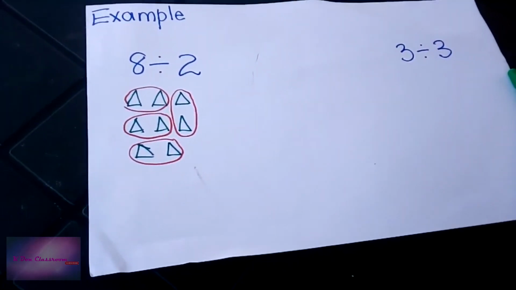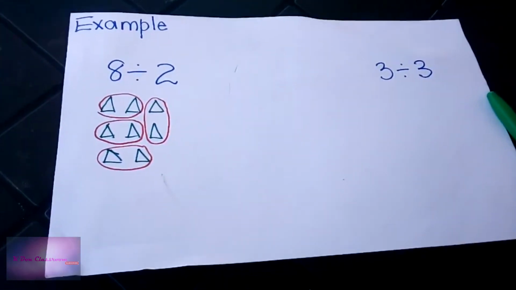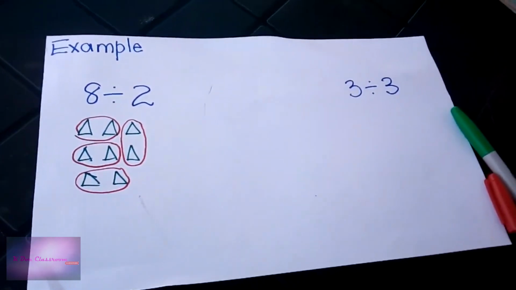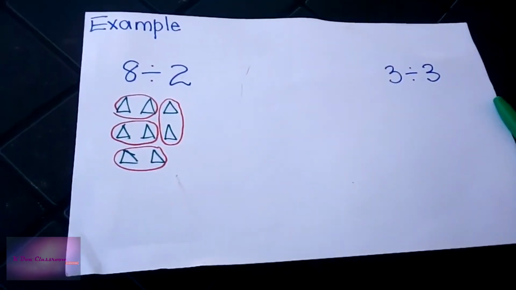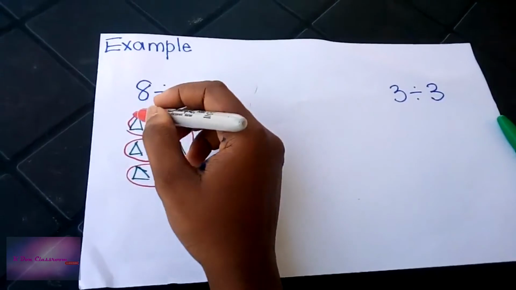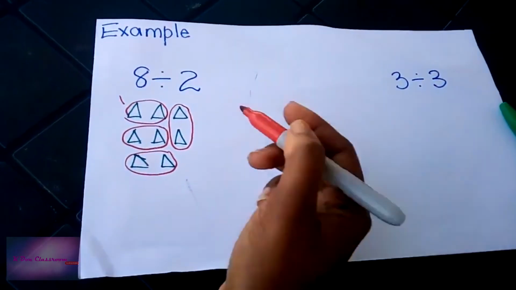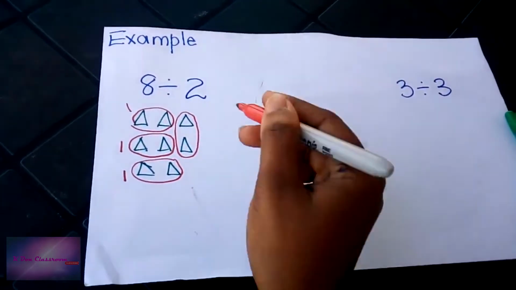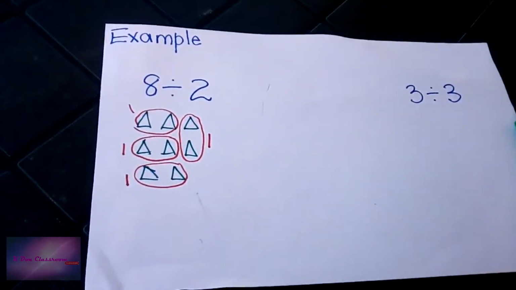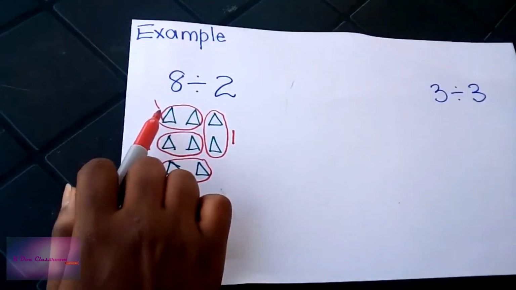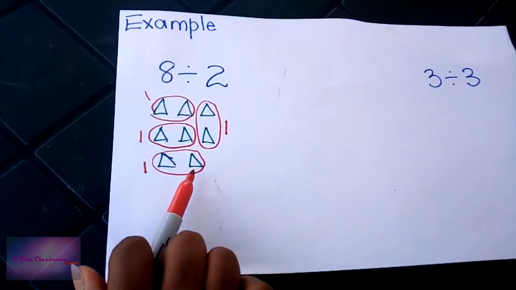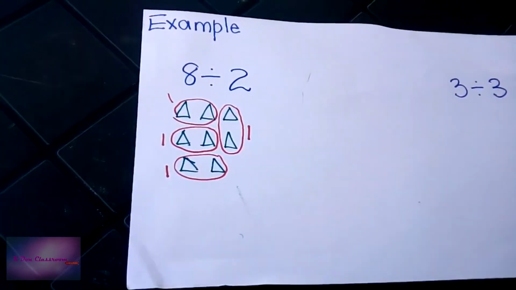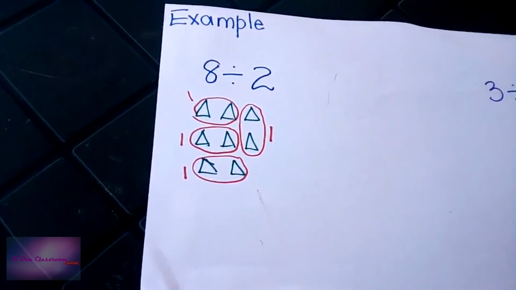So I'm going to count all the groups of 2 that I got to see how many groups we have. This is one group. This is another group. This is one more. And here we have another. So in total, I have 1, 2, 3, 4 groups of 2.